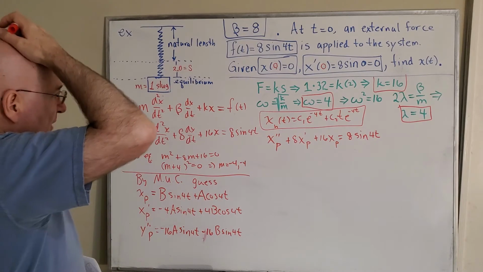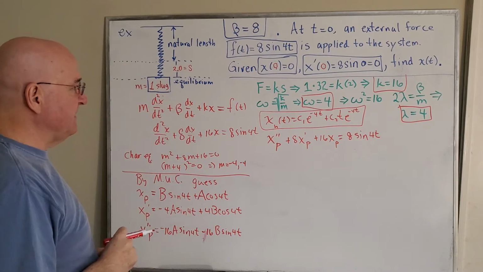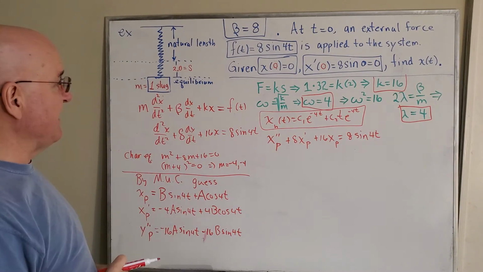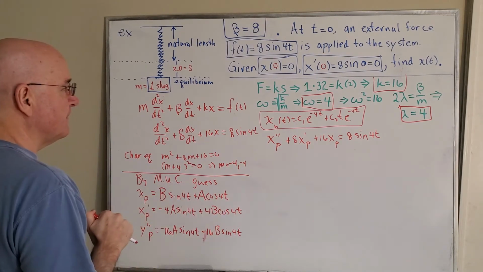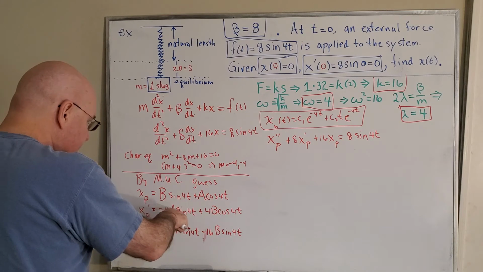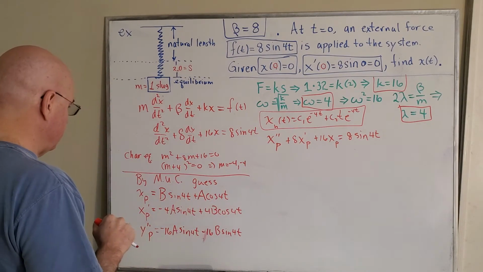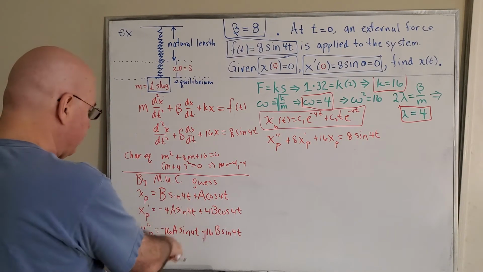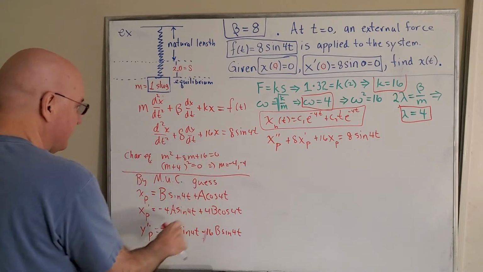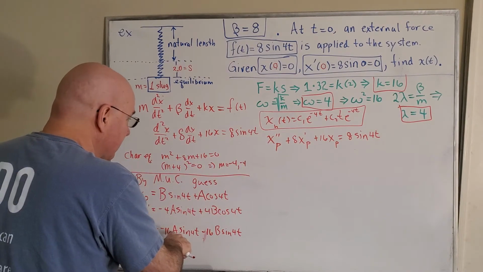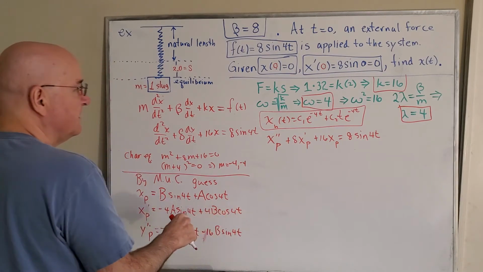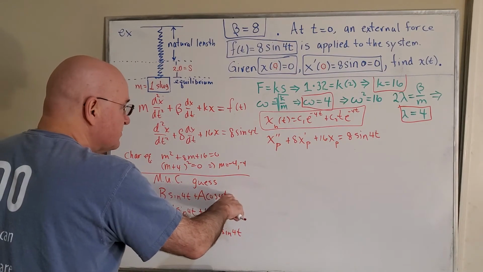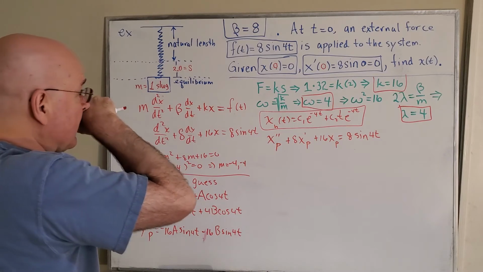When we write all of that out, I think I'm going to make that a problem for the student because I'm running out of room. I would have to say this term, x double prime, plus 8 times this one, plus 16 times this one, is equal to 8 sine of 4t.